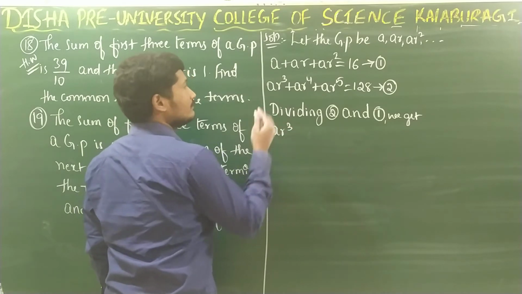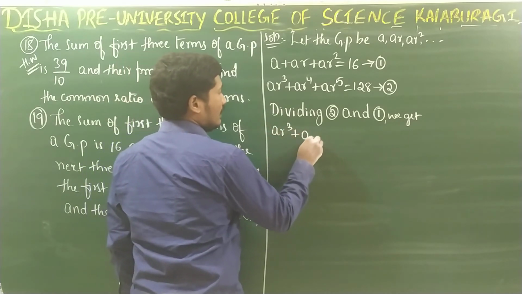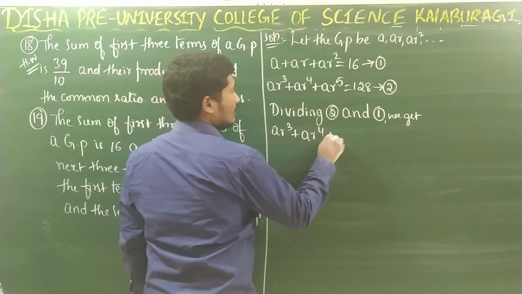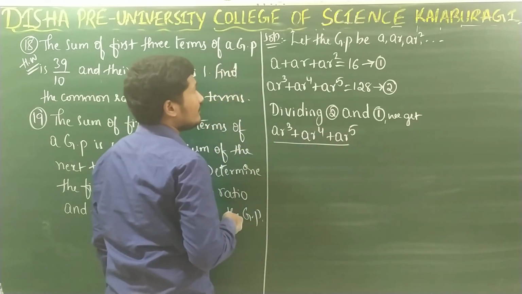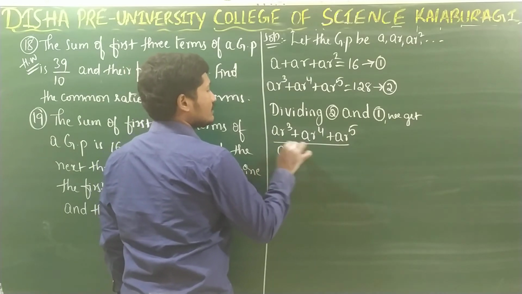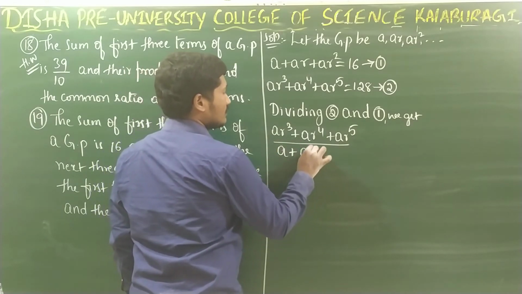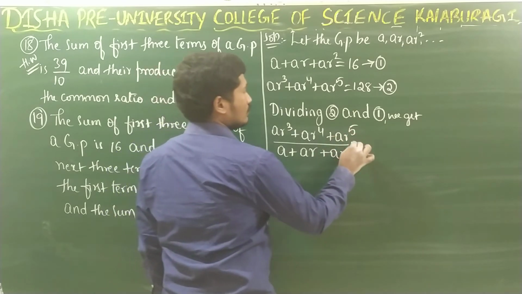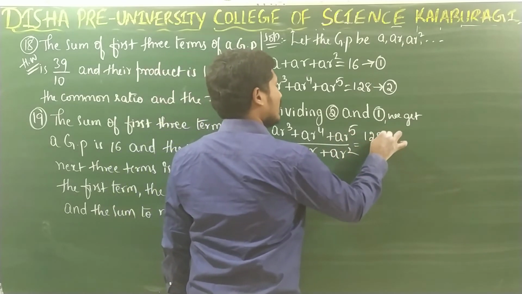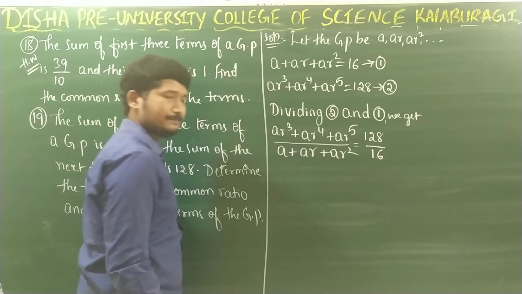AR cube plus AR power 4 plus AR power 5, that is LHS divided by LHS of equation 1, which is A plus AR plus AR square. This is equal to 128 divided by 16.